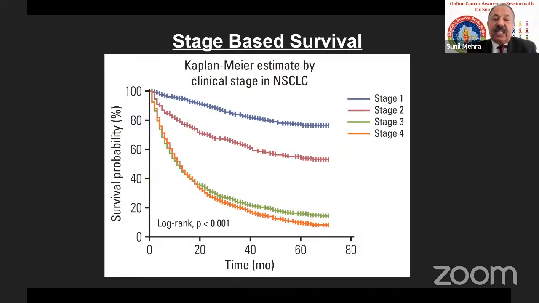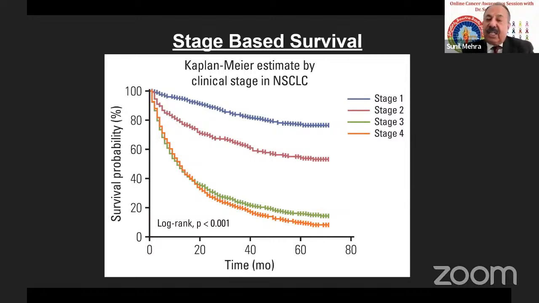So this is stage 1. A lot of people will live for 5 years; 60 is the time in months. And the moment a patient is in stage 3 or 4, survival is 3 to 7%. It's different for localized disease or small cell. Small cell is 3%; in non-small cell, 7%.